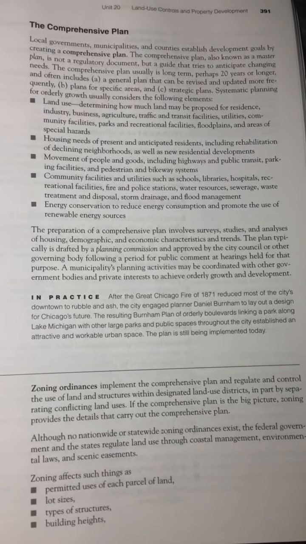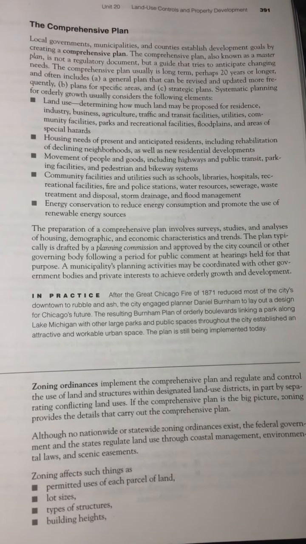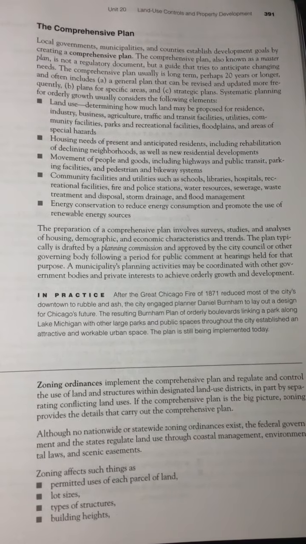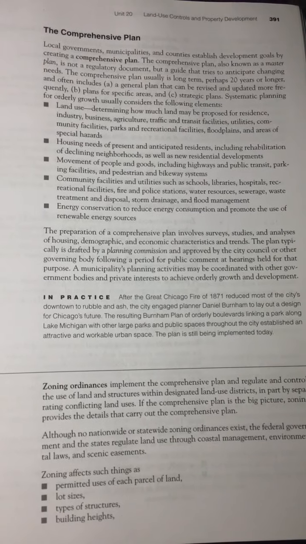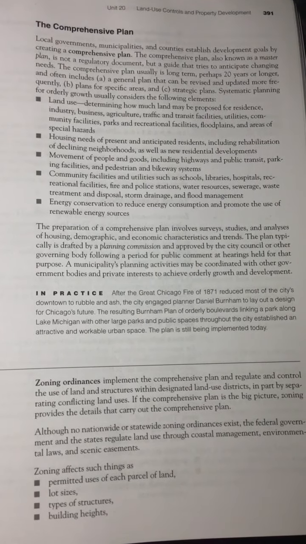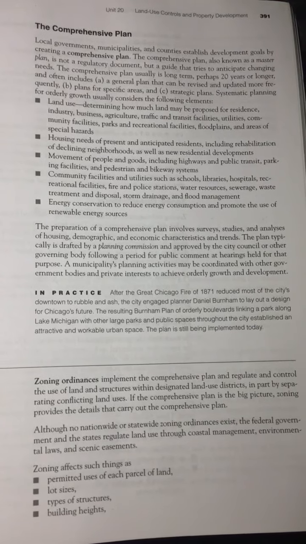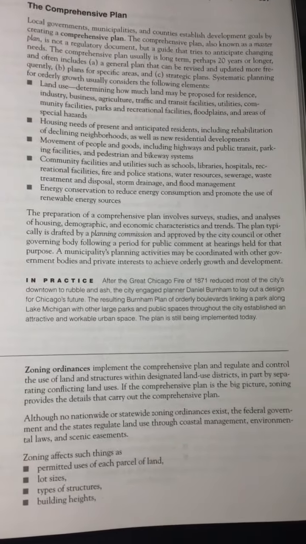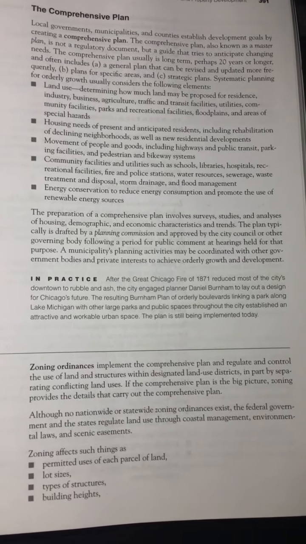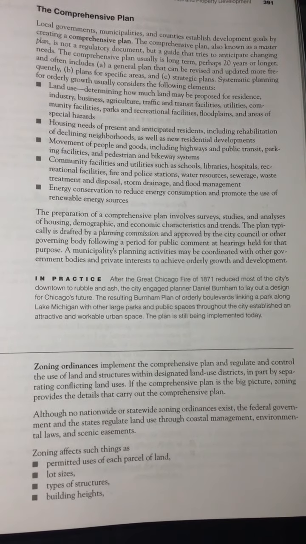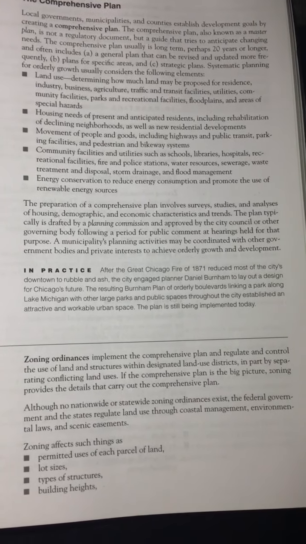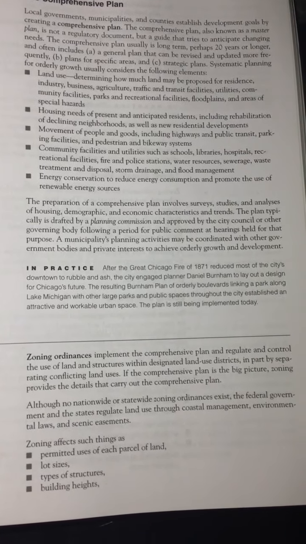The plan typically is drafted by a planning commission and approved by the city council or other governing body following a period for public comment at hearings held for that purpose. A municipality's planning activities may be coordinated with other government bodies and private interests to achieve orderly growth and development.